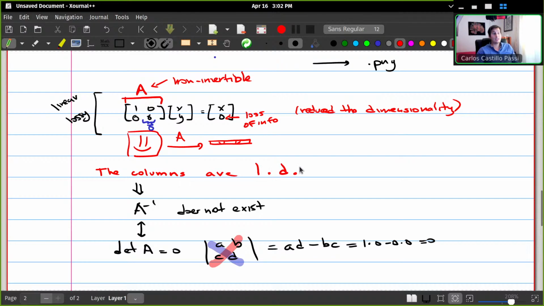If the columns are linearly dependent, that means that there's no inverse.